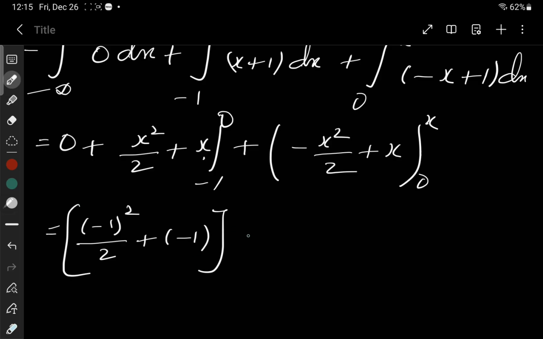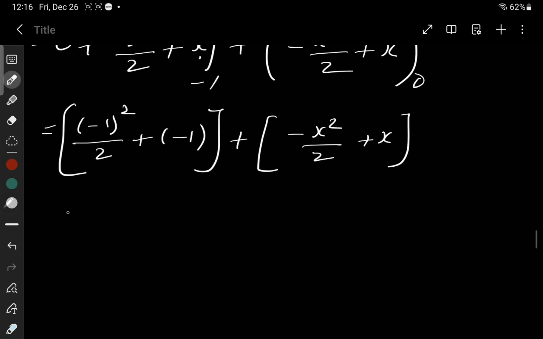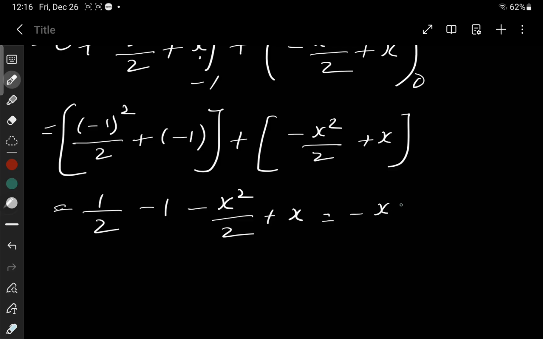Let it be here. Plus apply the upper limit, so minus, as it is, replace x as x, and the lower limit you will get 0. Both are 0. So this is 1 by 2 minus 1 minus x square by 2 plus x. So this is equal to minus x square by 2 plus x, minus 1 by 2 minus 1 is minus 1 by 2.